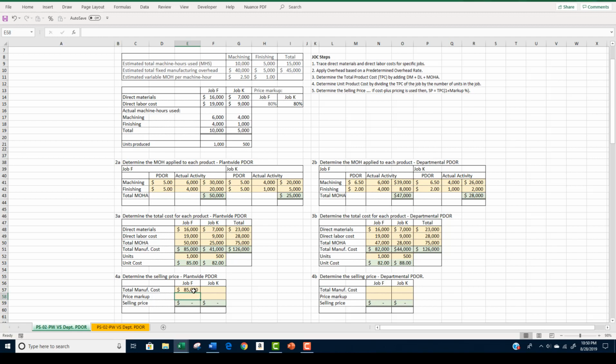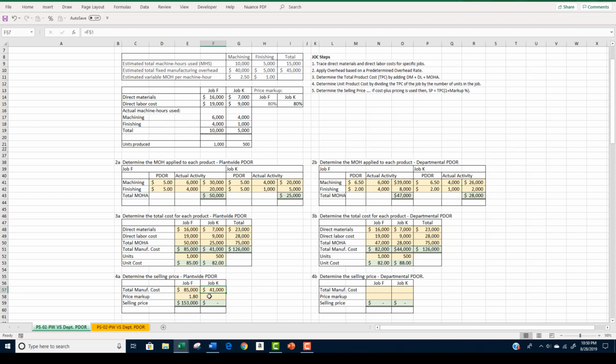And since our markup is 80%, we will multiply the $85,000 by 1.80. The selling price would be $153,000.